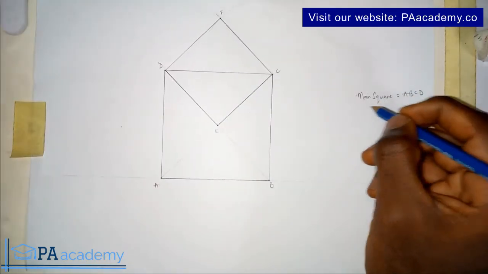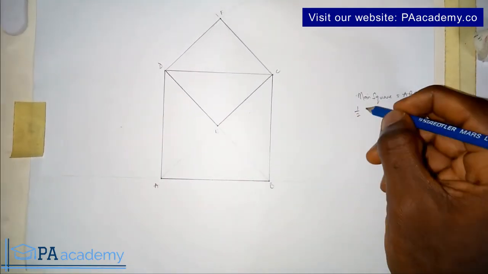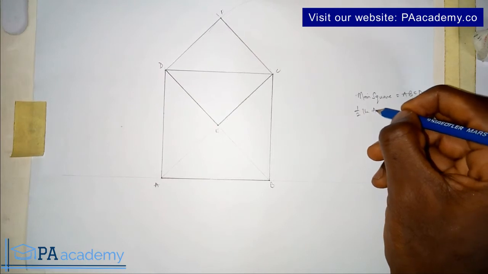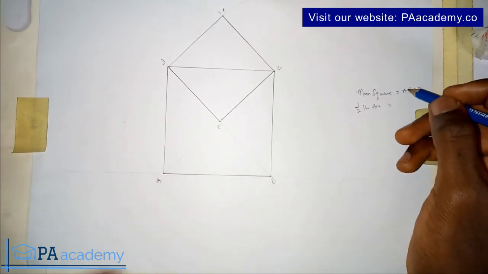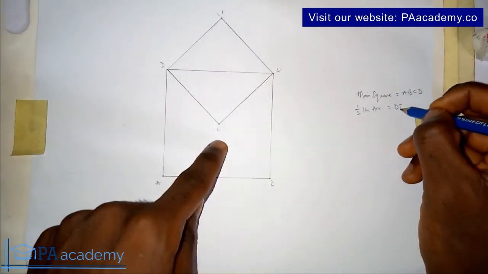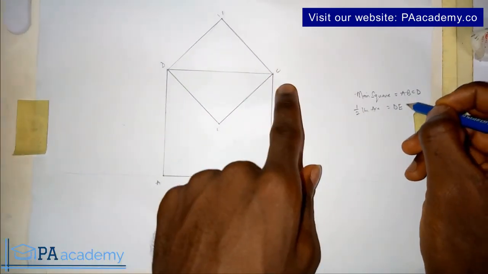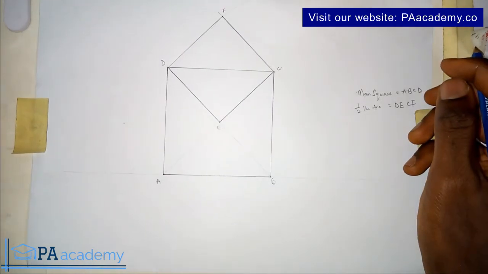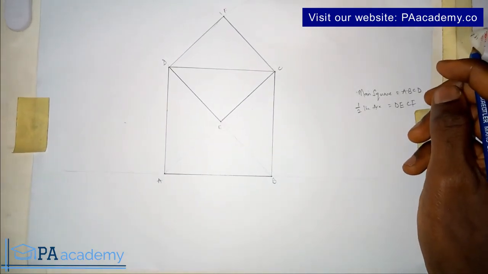Now half the area of this given square is DECF. So this is how you go about it when you're asked to draw a square half the area of a given square.